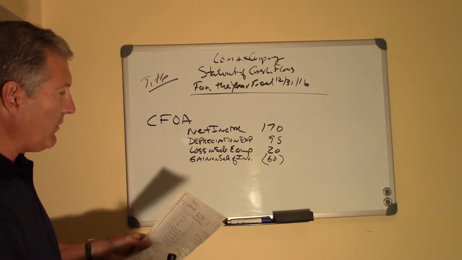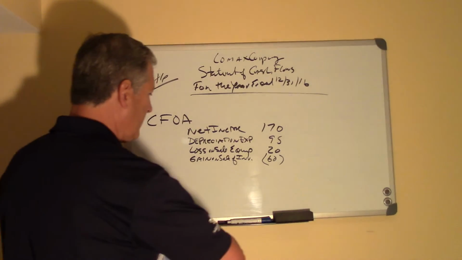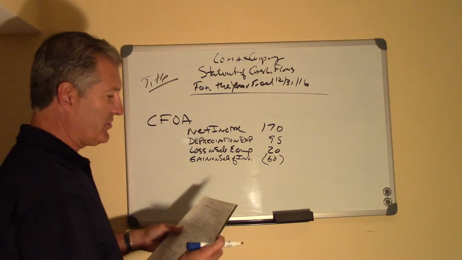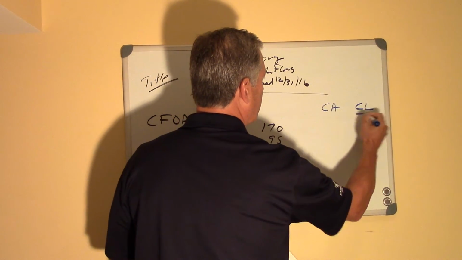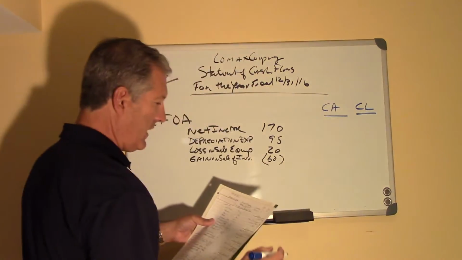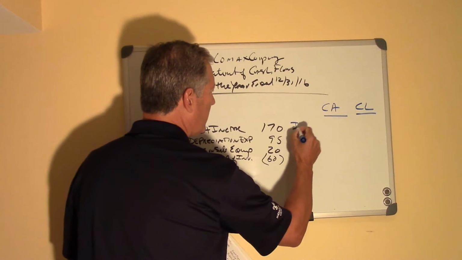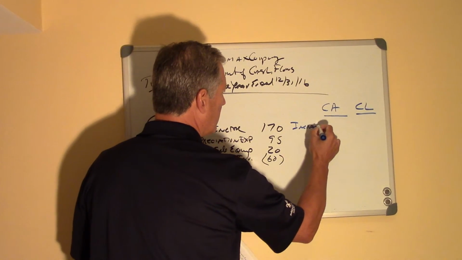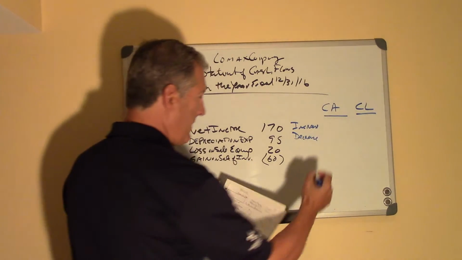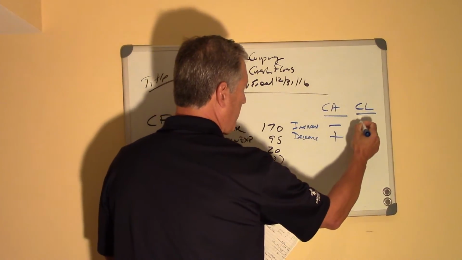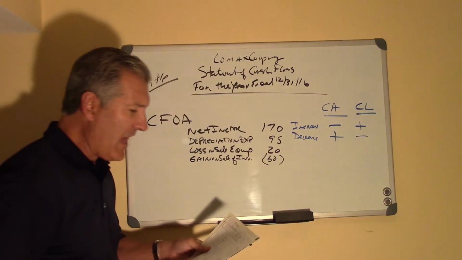And then what we wanted to remember is this little chart. Current assets, current liabilities. If we have, and put over here increase, decrease, and what we wanted to remember is this. And well, what does that mean?